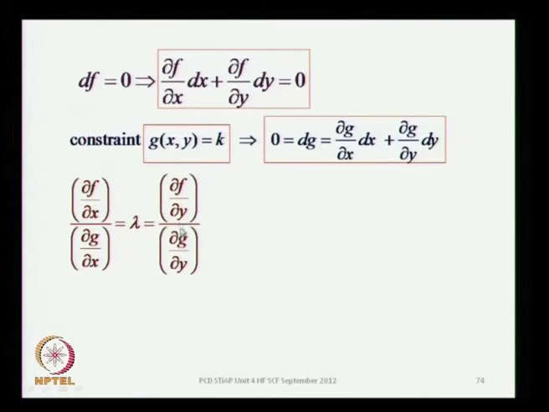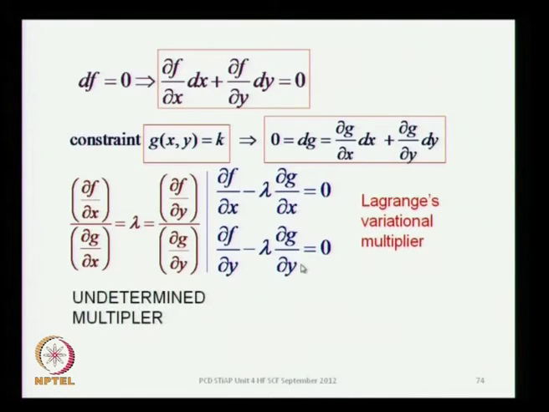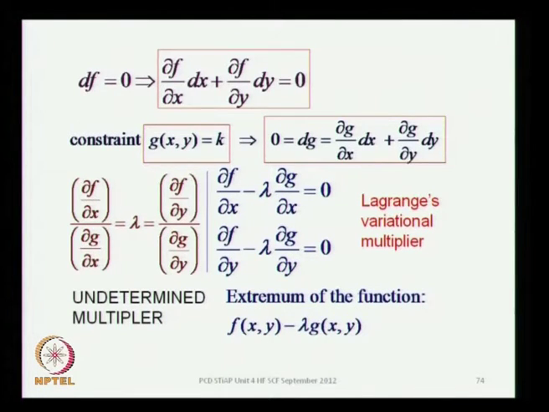So, this is the relationship that you get, and this is the Lagrange's variational multiplier, because what it amounts to, from these equations you can immediately see that del f by del x minus lambda times del g by del x will be equal to 0, and the corresponding derivatives with respect to y will also go to 0, and these are precisely the conditions you will get if you were to seek an extremum of f minus lambda times g.